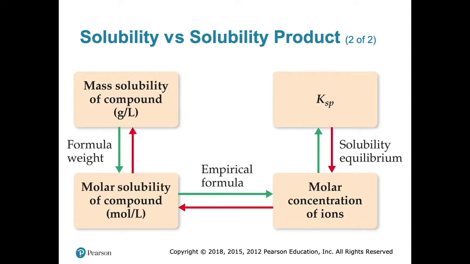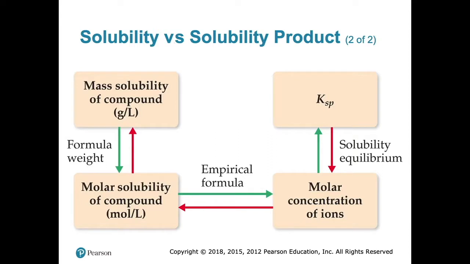So solubility versus the solubility product constant, or the Ksp. We got the mass solubility of a compound, which is grams per liter, right? Like I was saying, I think that sodium chloride's solubility is 36 grams per liter. It could be something else, but I think that's what it is. Then you can take that with the formula weight, and you can get moles per liter.